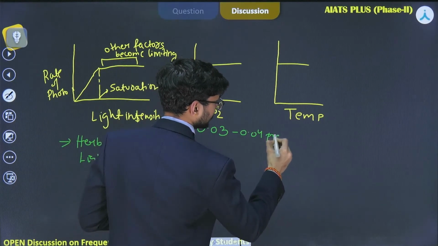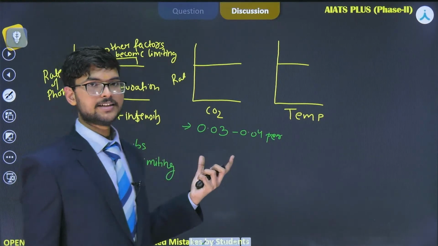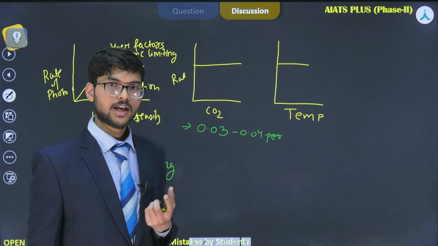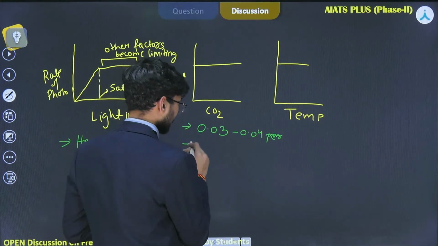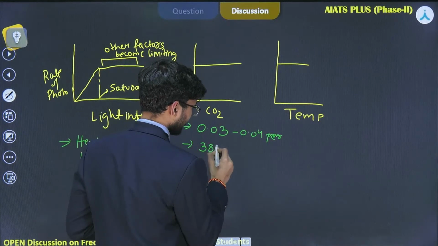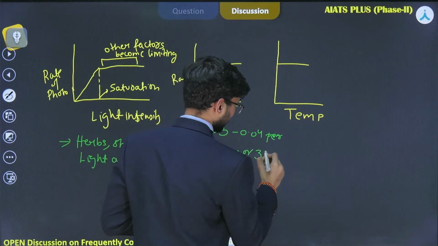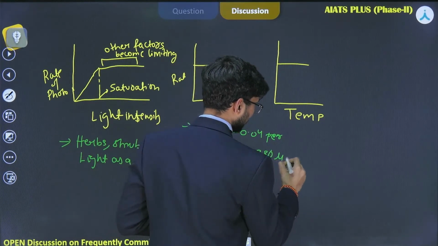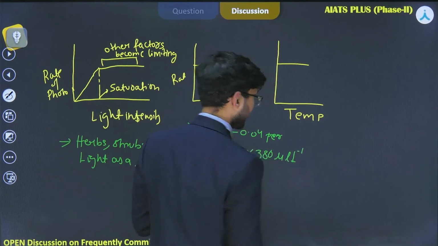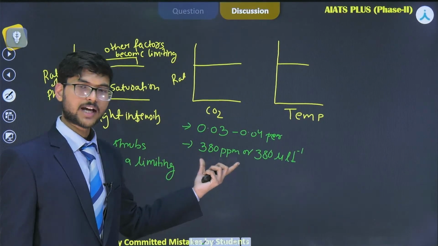Okay, that much carbon dioxide is present in the atmosphere, which we can also term as 380 parts per million or 380 microliter per liter. We can also state it like that. In the environment, this much carbon dioxide is present.